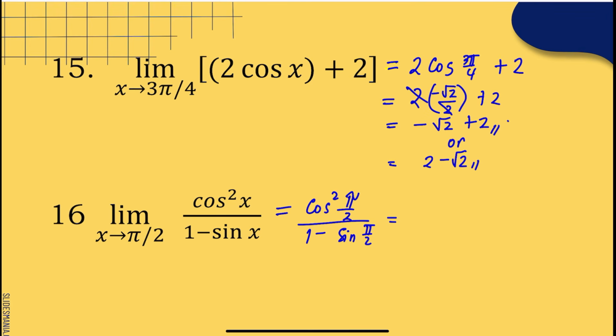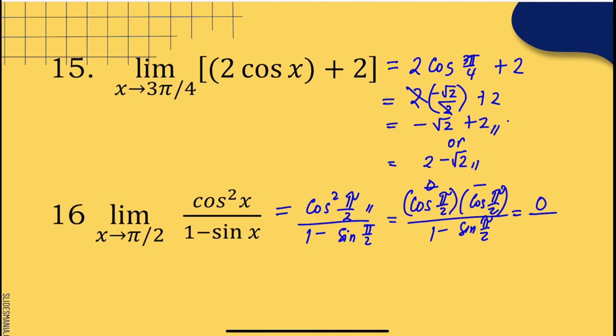So what is cosine squared pi over 2? This is the same as cosine pi over 2 times cosine pi over 2. Cosine pi over 2 is equivalent to 0. So 0 times 0 is 0.